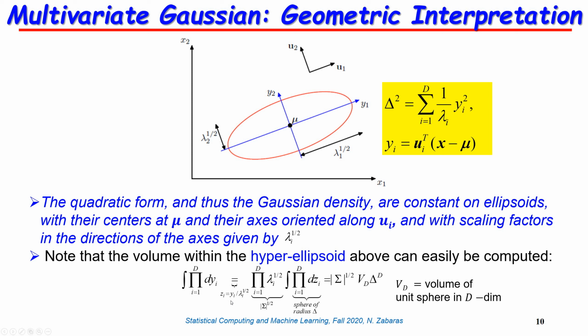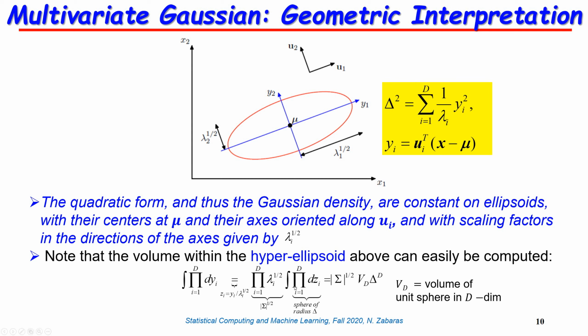Here, with the change of variables, you're going to get this product of the square roots of the eigenvalues, and then you're going to get this integral over the z's. When you define z_i to be y_i over the square root of lambda_i, effectively this equation becomes the equation for a sphere.